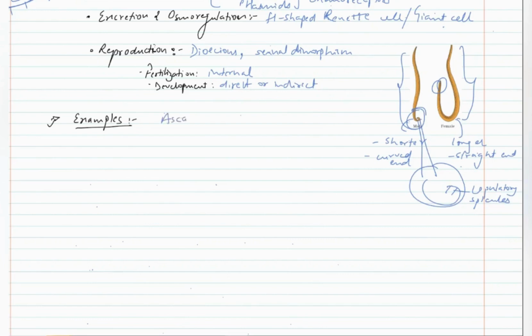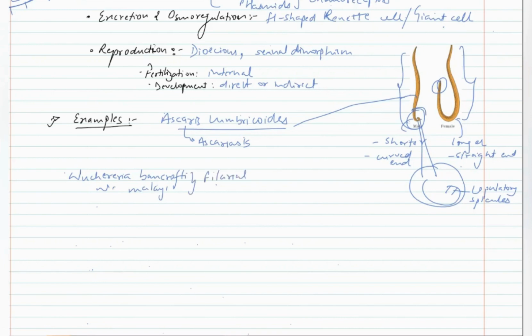Talking about examples, we have Ascaris lumbricoides. The organism shown here in this diagram is Ascaris. It causes a disease known as ascariasis, which is commonly found in children. Next, we have Wuchereria bancrofti and Wuchereria malayi.